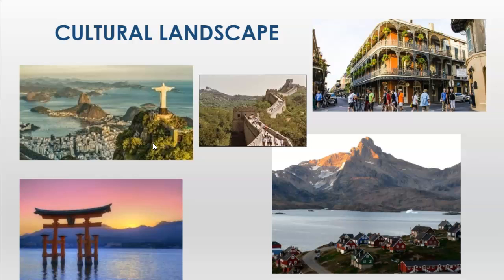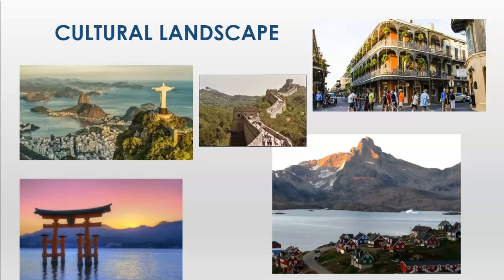Okay, so another thing we want to be clear about is that cultures, by how they adapt the environments, right? How their cultural traits adapt the environment and make it so that people can live in a particular place, it creates a very unique landscape, right? And the cultural landscape, we've talked a lot about this so far this year, but it's coming back around again, is just essentially the human built environment, right?